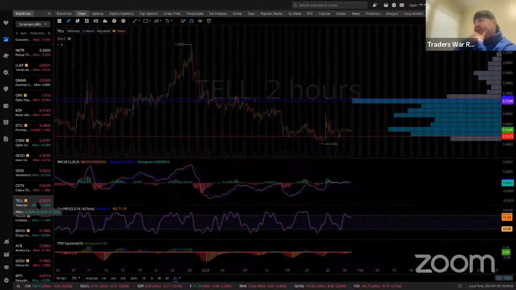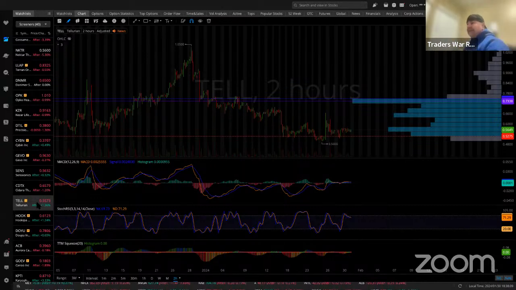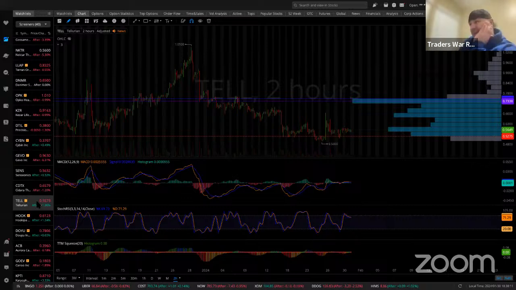Tel's interesting. This used to be a day trading darling as well, some sort of energy stock. I think it's like an Israeli energy stock or something like that. But it's been failing pretty bad here lately.